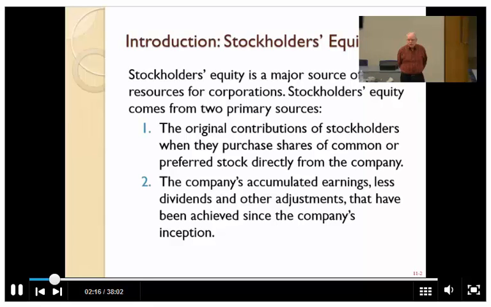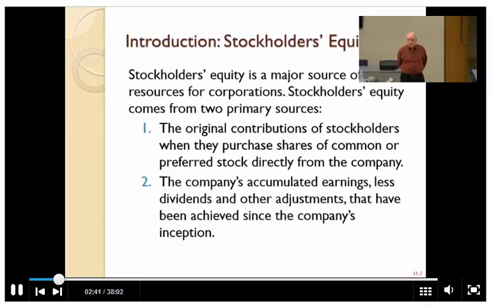The second part of stockholders' equity is retained earnings. And retained earnings are all the earnings that a company has earned since its inception, less anything that has been paid out to the stockholders. And this payment to the stockholders is in the form of dividends.